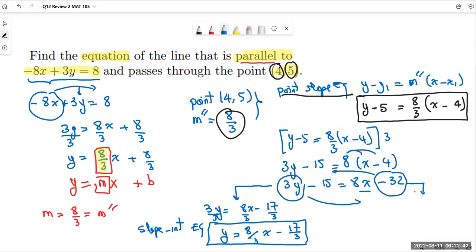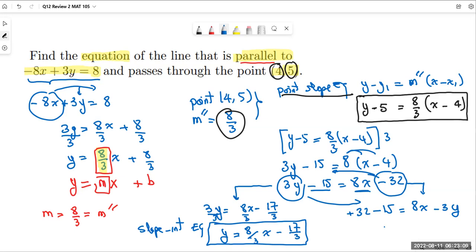So if I do so, the 8x stays where it is, 8x. The 3y you're going to move to the other side, so it used to be positive, it became negative 3y. And minus 15 stays on the left side. Minus 32, because it's going to the other side, turns into positive 32.